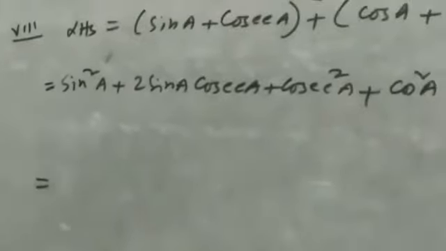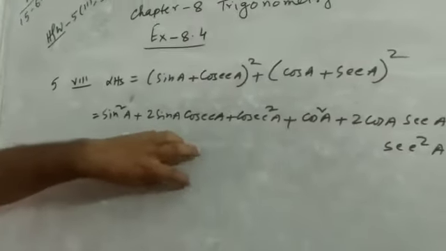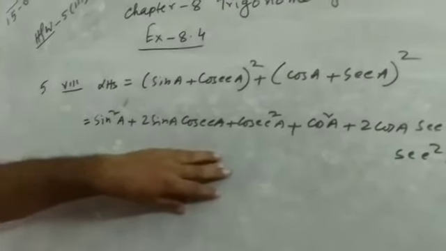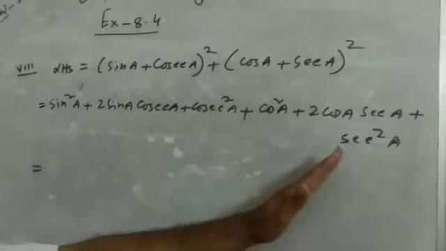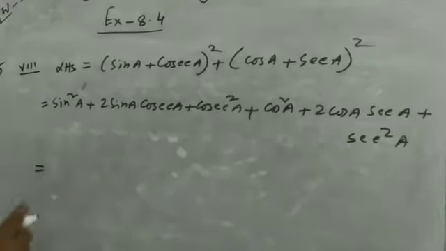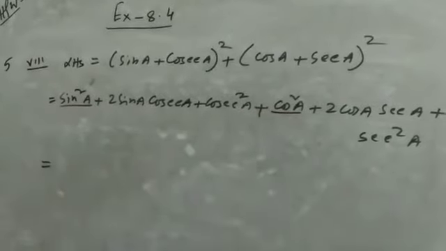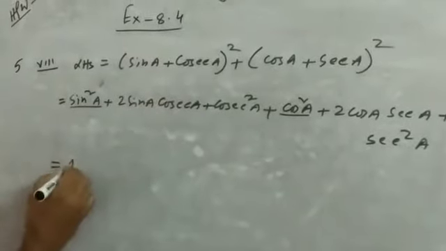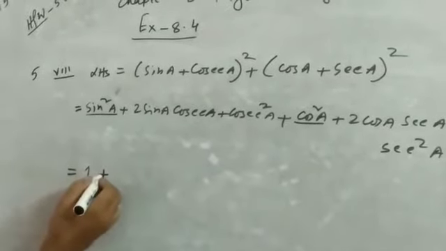So now you see that on the right hand side, the numerical term 7 is also there, 7 plus tan square A plus cot square A. How will you get 7 from this? First, here we have sin square plus cos square, which is directly 1 using that identity.